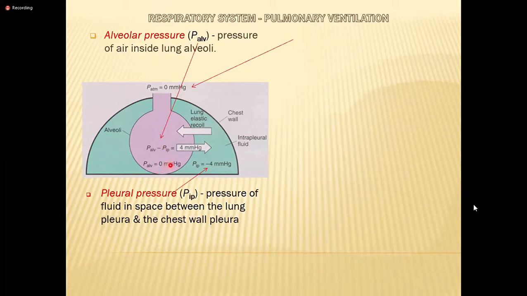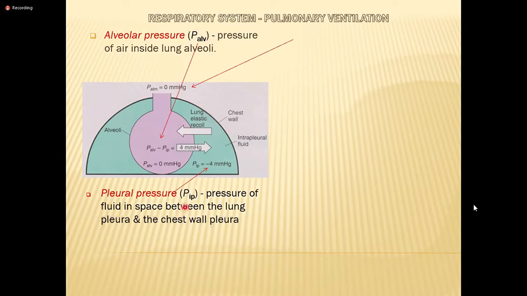That is, if it is at the end of expiration, because you have two phases, right? When you inhale, that's inhalation, and then exhalation. The alveolar pressure is the pressure of air inside the lung alveoli. It is abbreviated P alveoli.